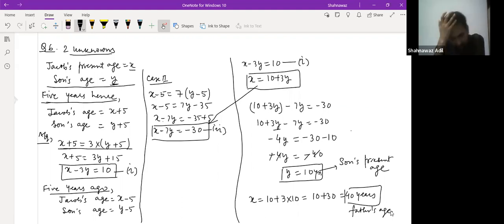My personal favorite is the second method that I'm going to teach. The best method is the third method, the cross multiplication method, but I always prefer the second method.